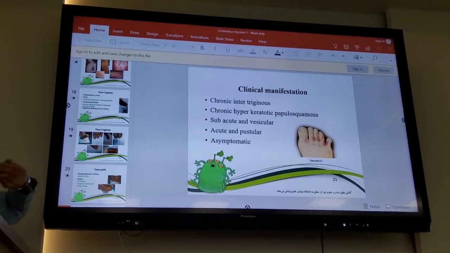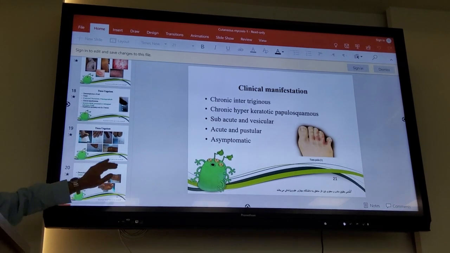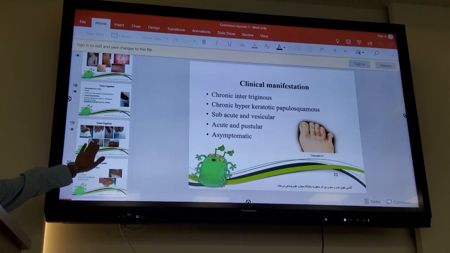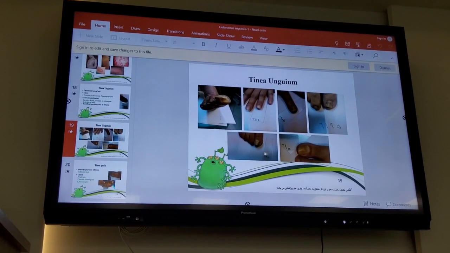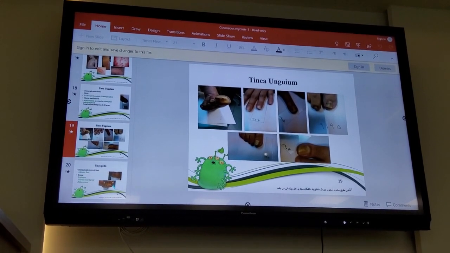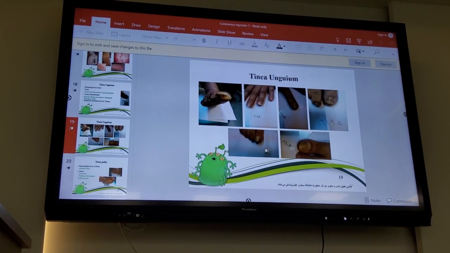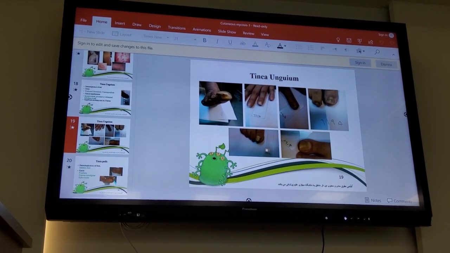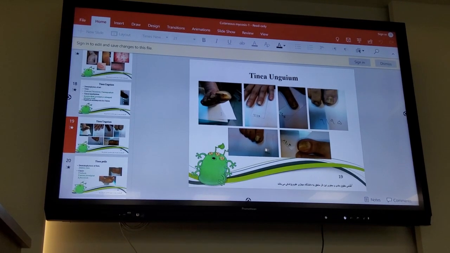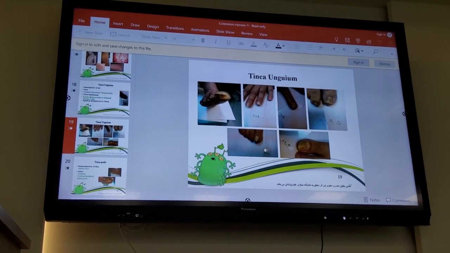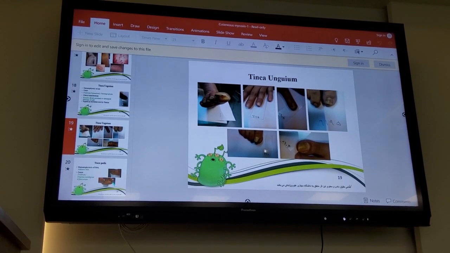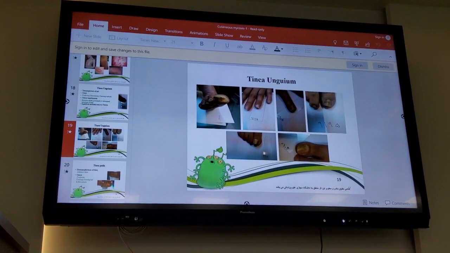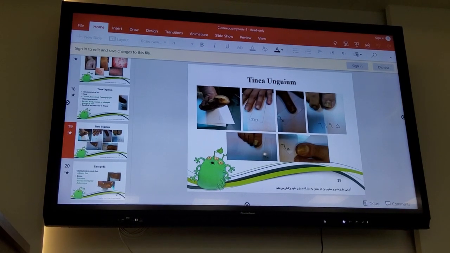Tinea unguium today is a very important nail disorder, and it needs a good and correct diagnosis, not only clinical but also laboratory.